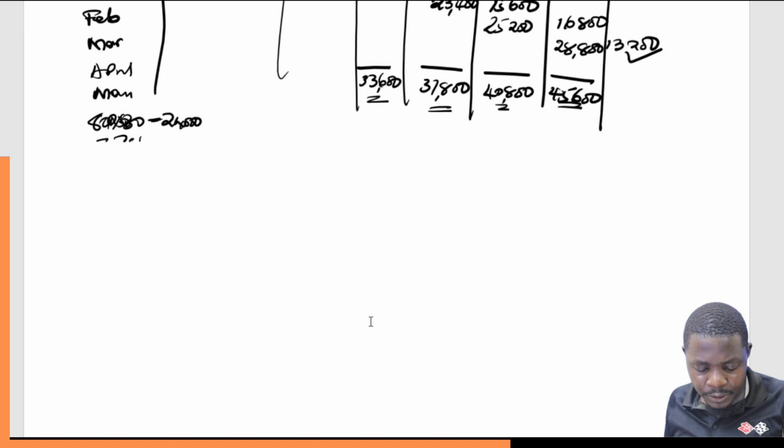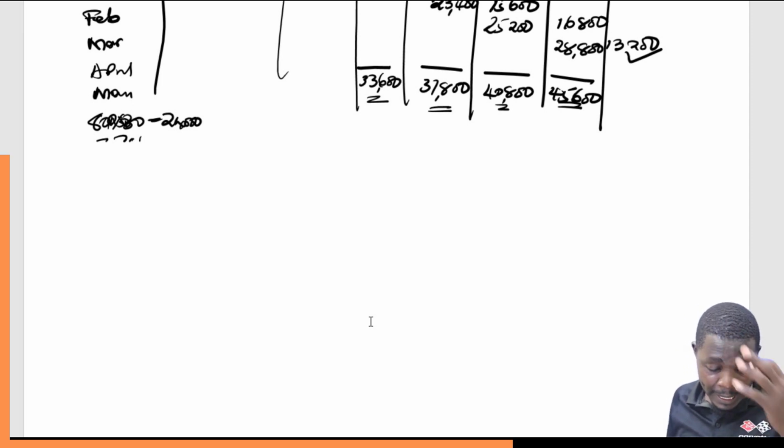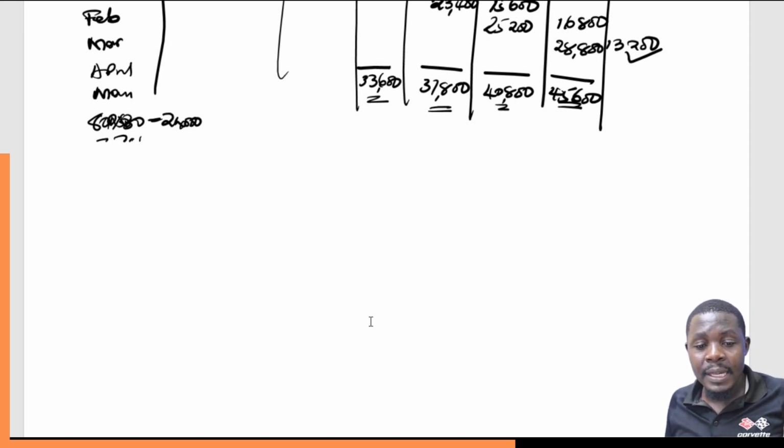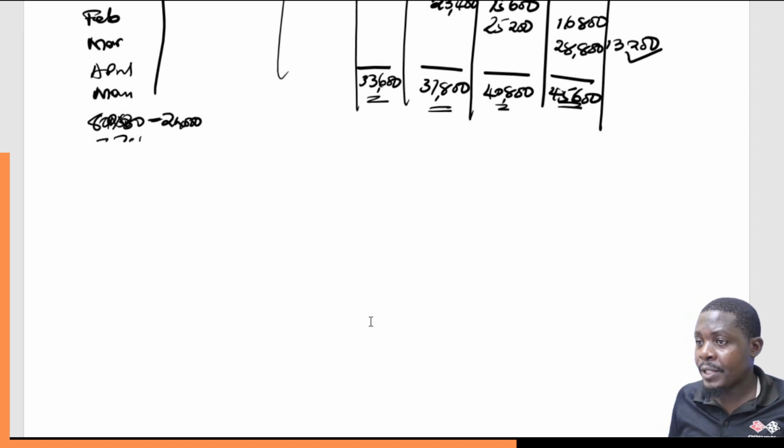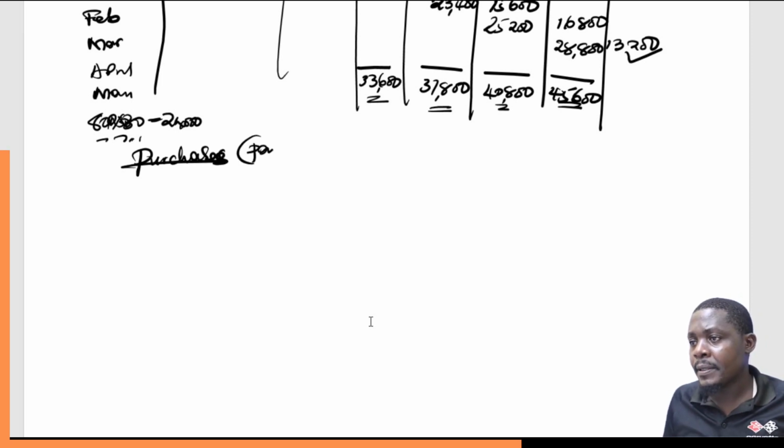Then we are told another thing, that purchase of raw material is 10,000 per unit of production and will be paid after 1 month delay. Purchase will be paid after 1 month delay. Therefore, we can talk of purchases, in bracket, payment to suppliers.